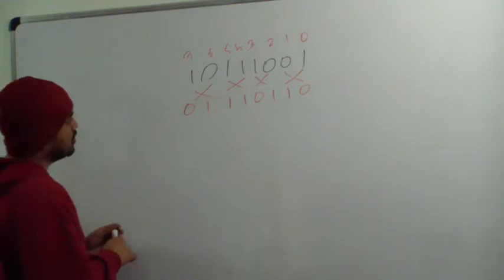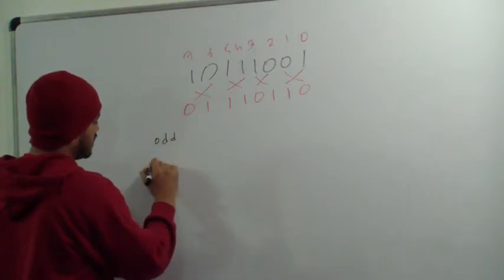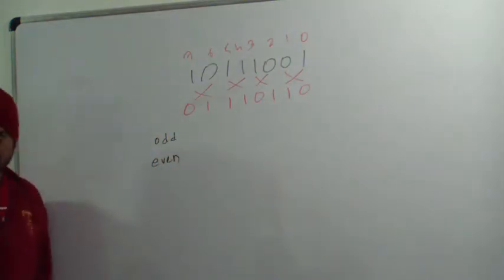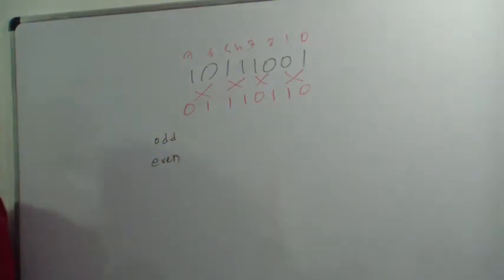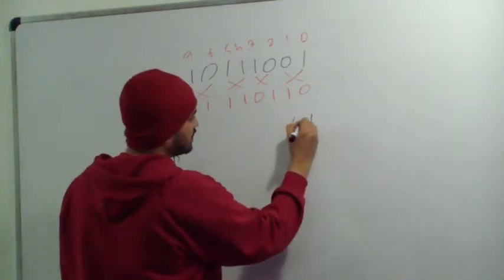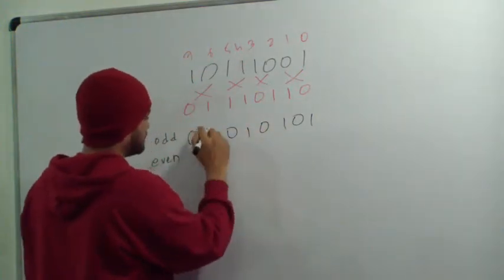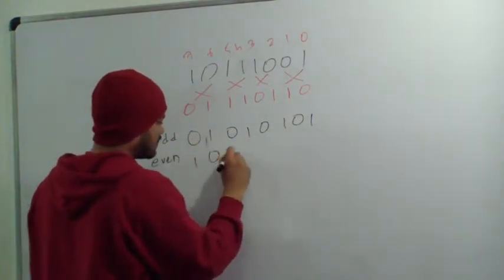So you want to first have an odd mask and an even mask. Correct? So your odd mask will look something like this. Your even mask will look something like this.